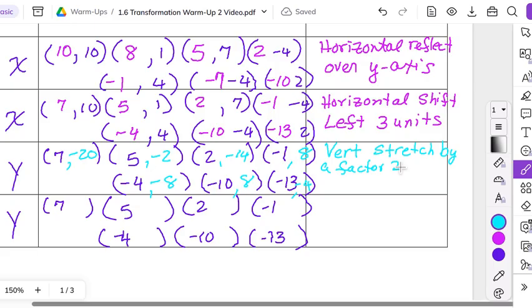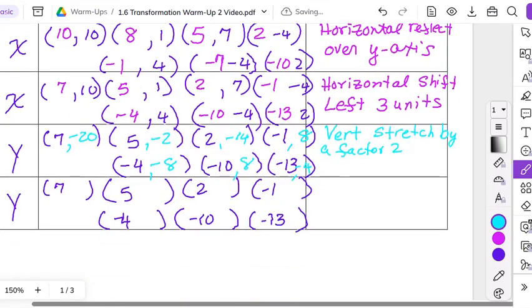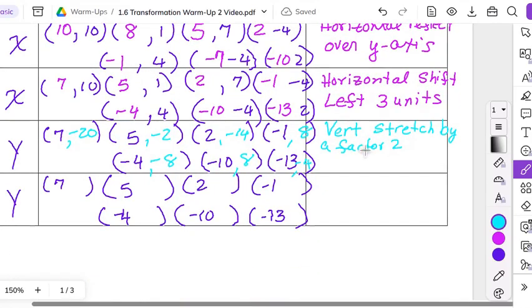And because it's negative, all the y values that were positive became negative, and all the negative y values became positive. So again, they went from down here to up here. So now they're jumping the x-axis. So we call this a vertical reflection over the x-axis.